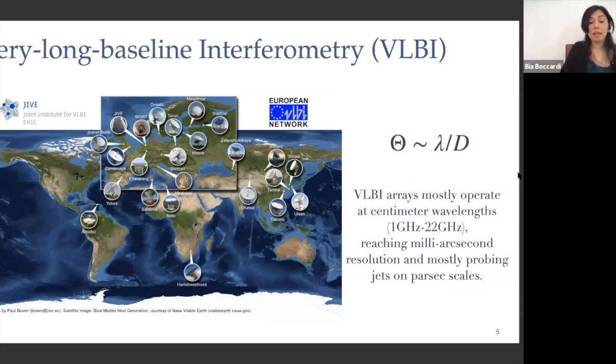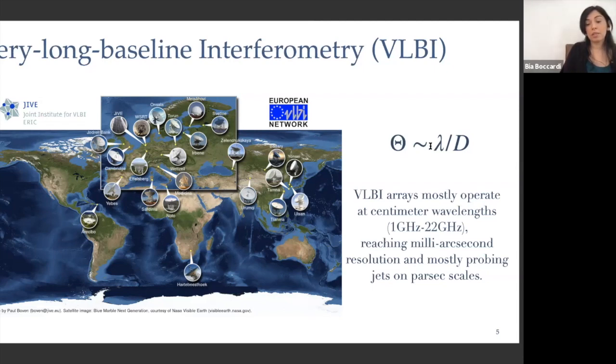This is a technique used in the radio where basically we use a large number of telescopes spread all across the Earth that observe the source at the same time, and then we combine this signal to in the end obtain a resolution which is the same as the one which we would obtain with a telescope which is as large as the Earth, or at least as large as the maximum separation between two telescopes.